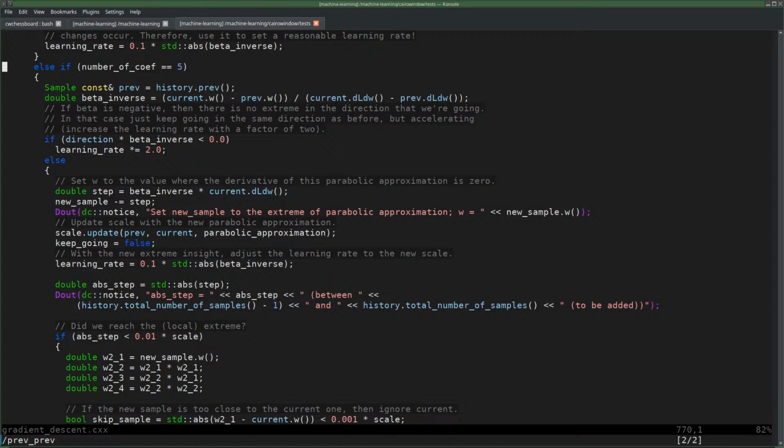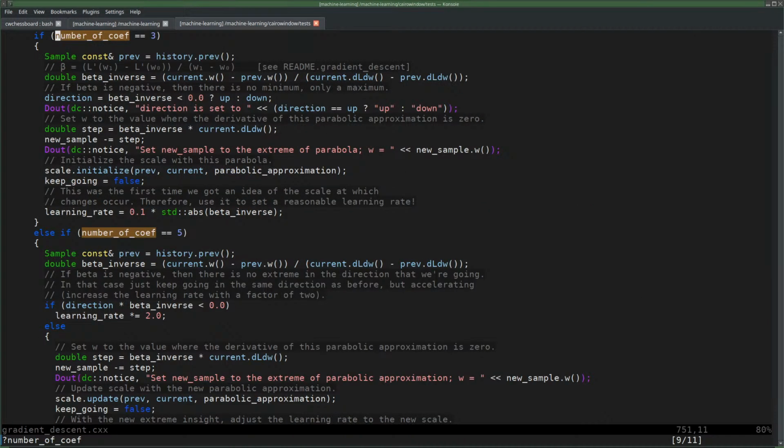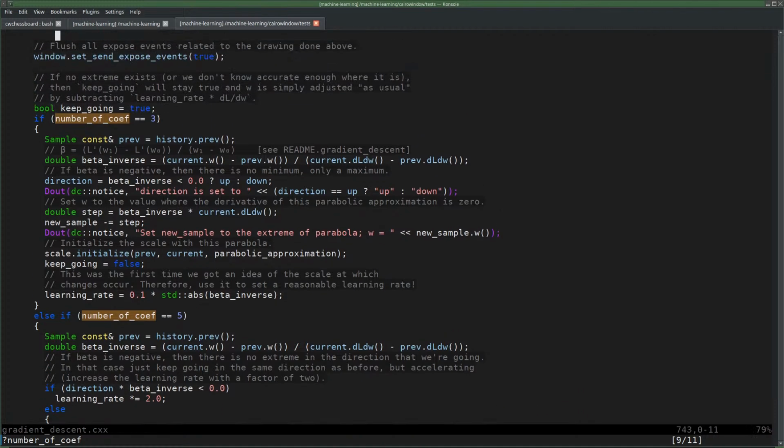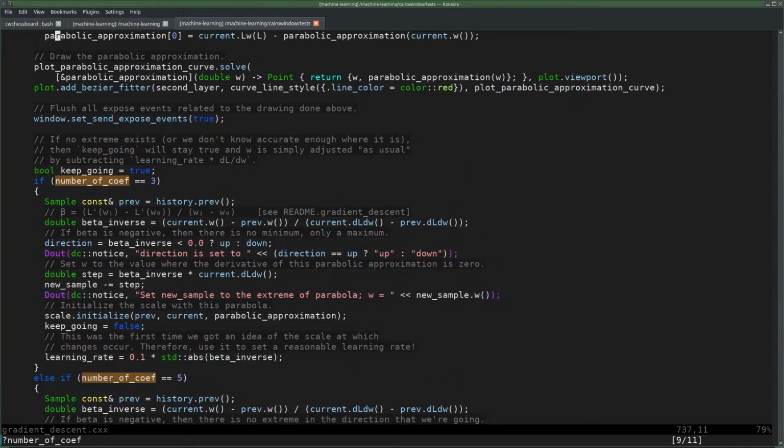Okay, so the only thing I really know for sure is that the number of coefficients is equal to 5. I'm not sure if that guarantees that history previous is not asserting. I'm pretty sure that could happen.